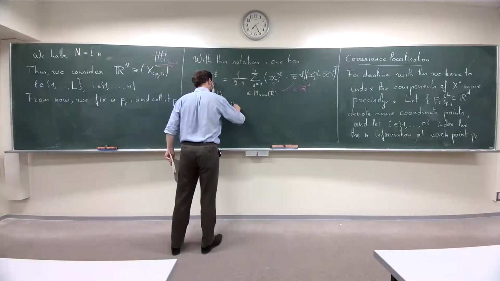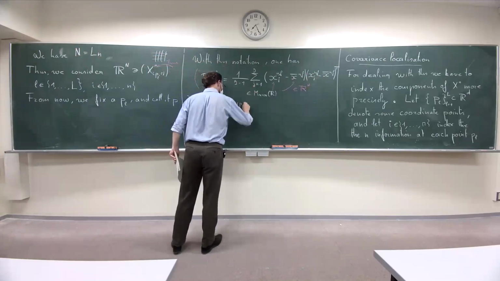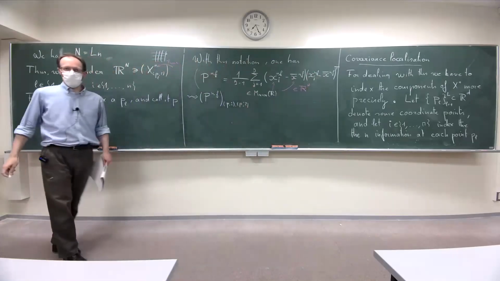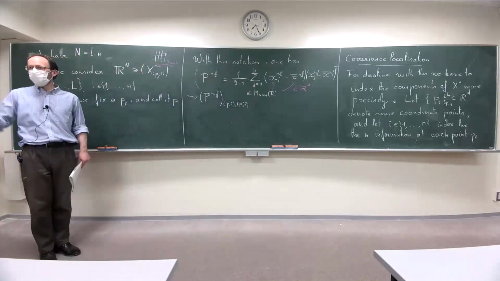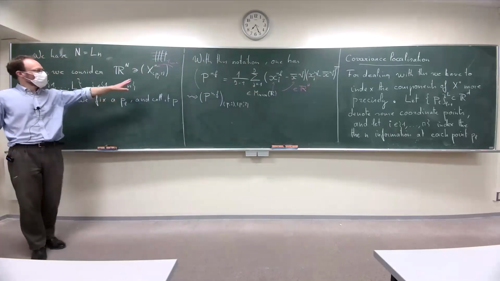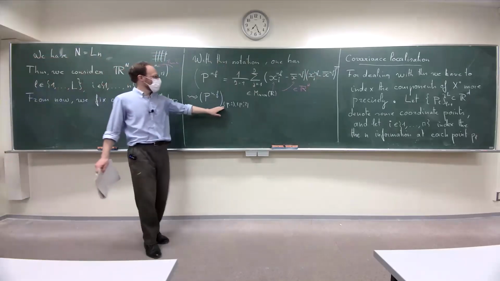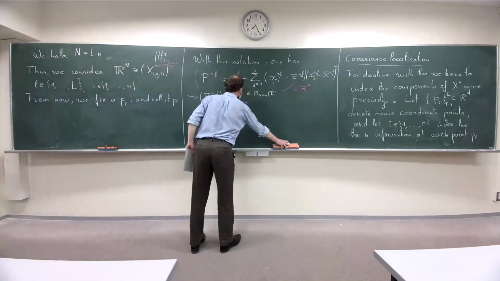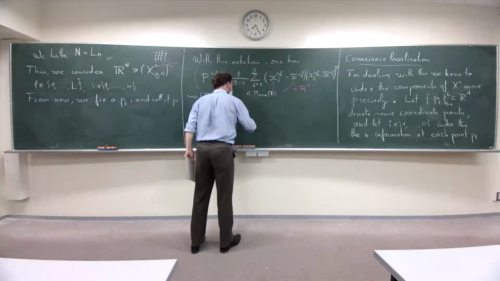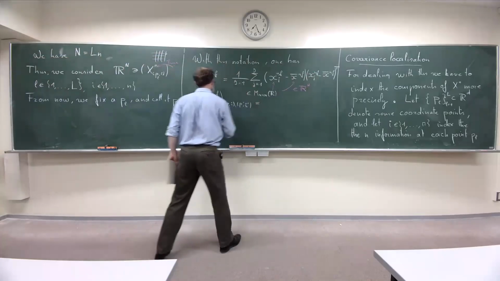Now the index is a pair, P and I, so this is P i and P i prime.